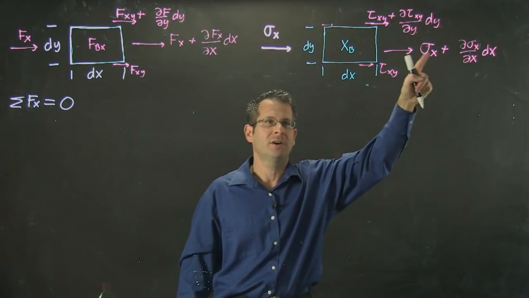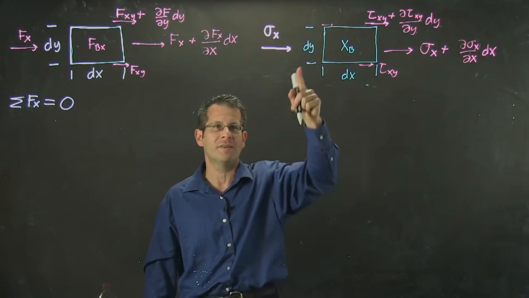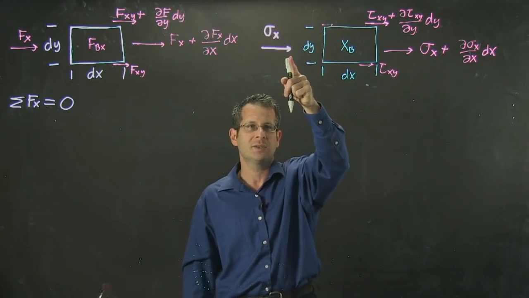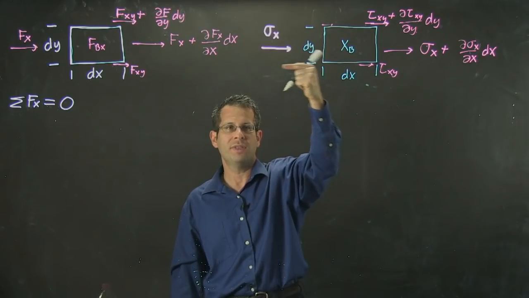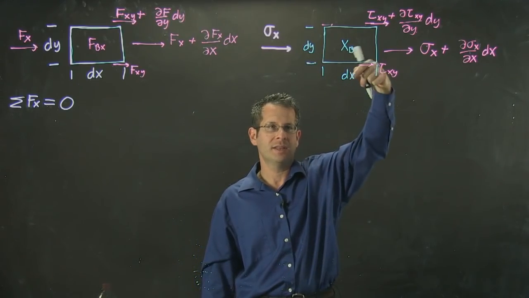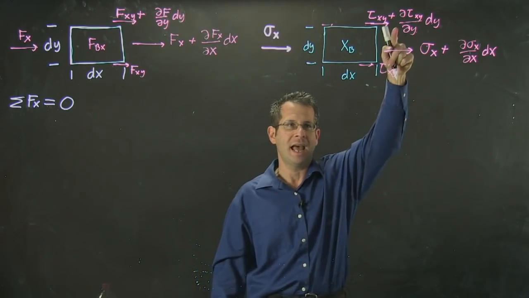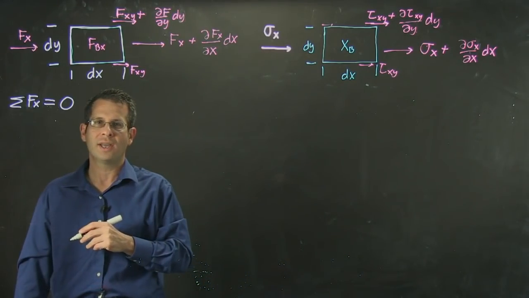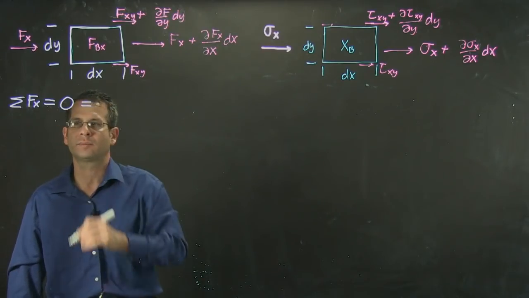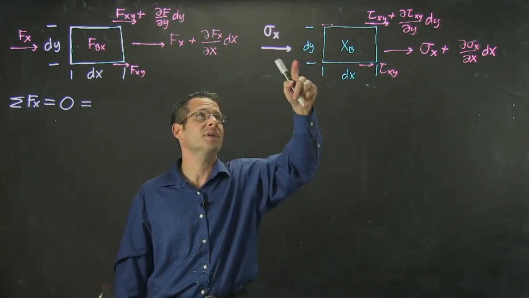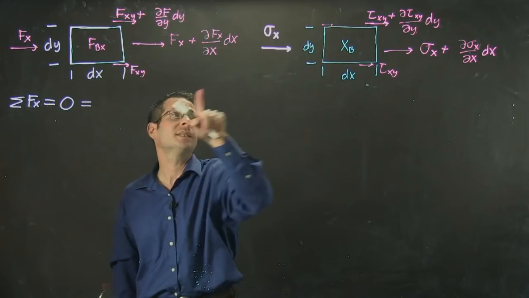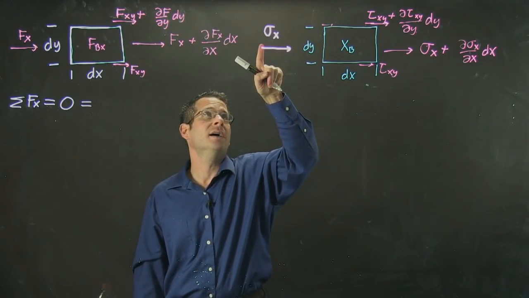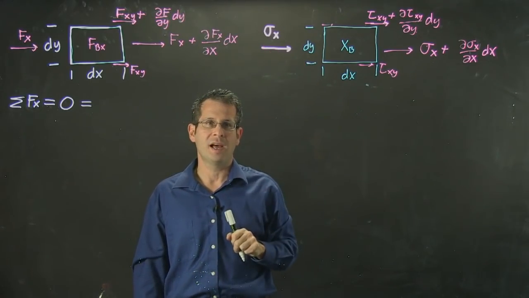Now, I've drawn these arrows going in the same direction, but obviously one of them, let's say this one, will make it go this way, and likewise we'll have this shear force going this way because they have to be opposing. So what I'll get is, now I'm looking at forces, again, the sum of all forces. This is the stress, so I have to multiply that by the area.